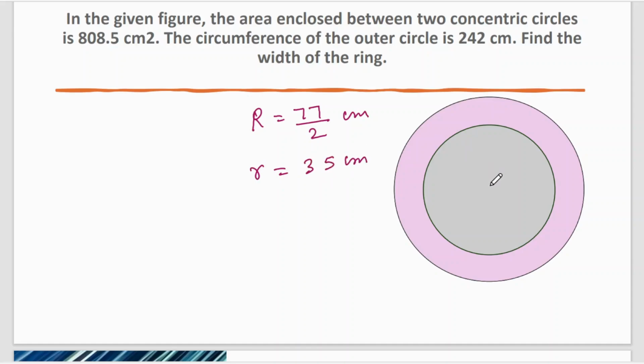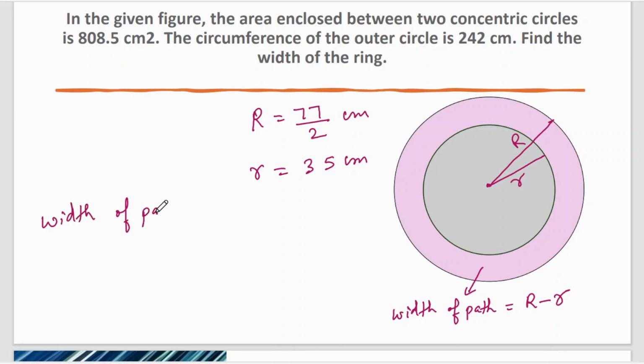Okay, see, from here to here it is r, and from here to here it is capital R. So if somebody asks you what is the width of this path, it is nothing but capital R minus small r. So I can write this as width of the path equal to capital R minus small r.